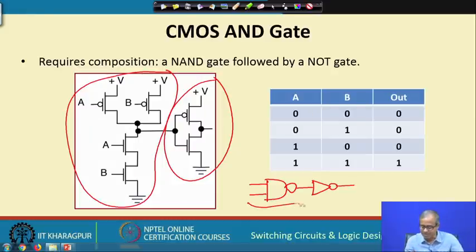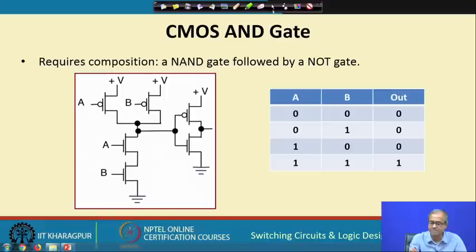You see, this is an AND, because what you have done, a NAND followed by NOT means what? AND followed by NOT, then NOT, two NOTs one after the other, they cancel each other, it becomes AND. Okay. So, CMOS AND gate will be one NAND gate followed by a NOT gate.